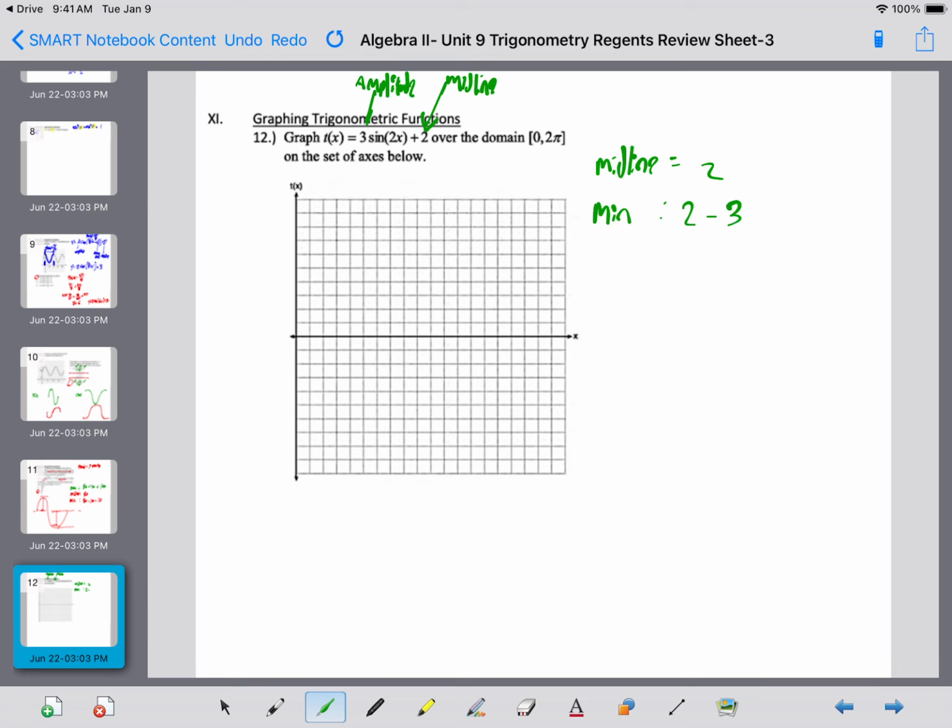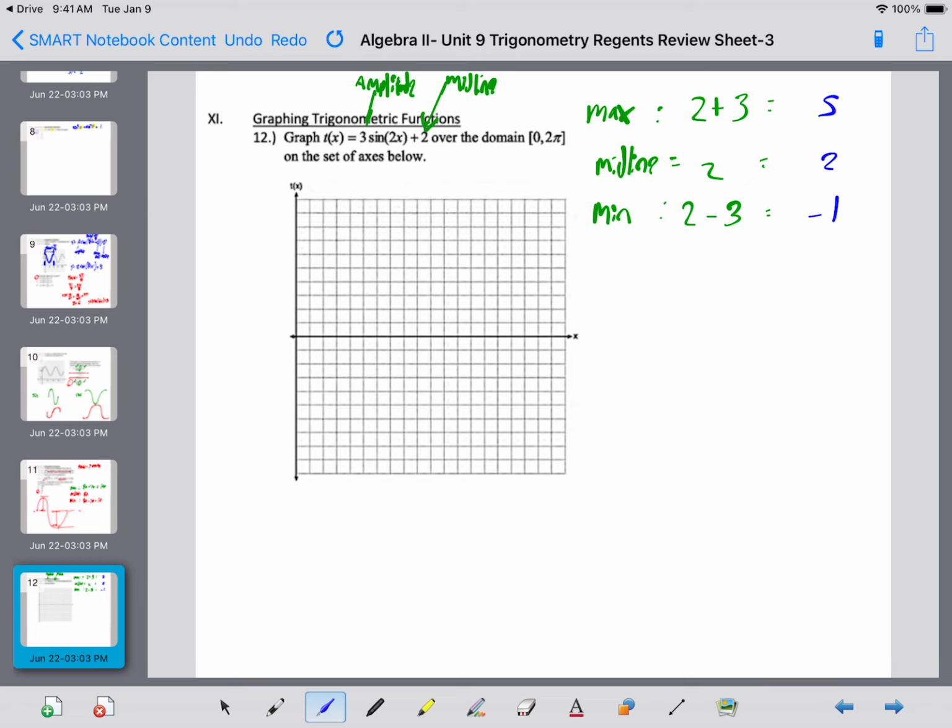So 2 minus 3. Your maximum, you're going to add the amplitude to the midline. So we have 5, 2, and we have -1. So we have our min, our midline, and our maximum.